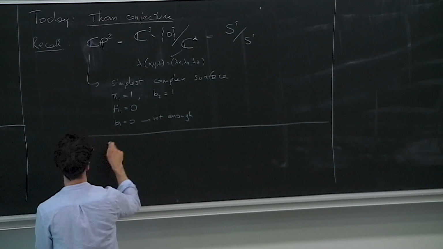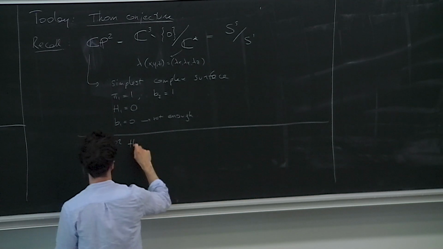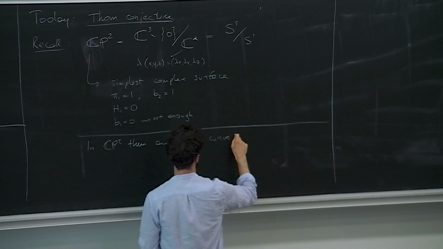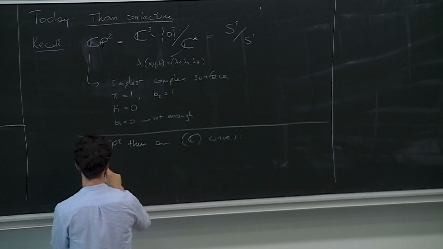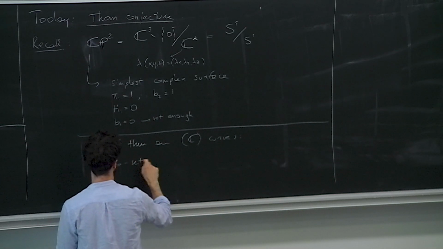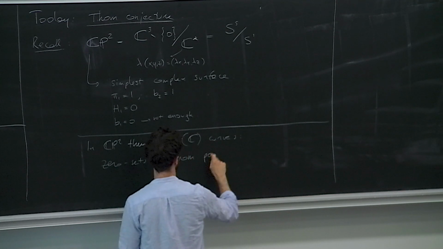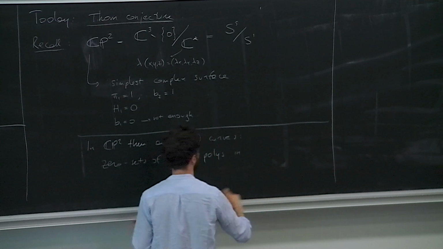So in CP2, there are complex curves. These are zero sets of homogeneous polynomials in 3 variables.